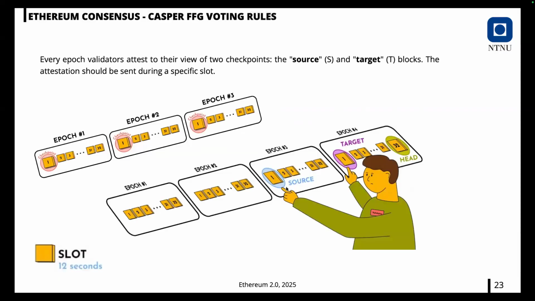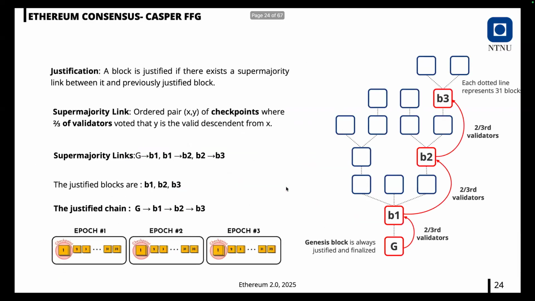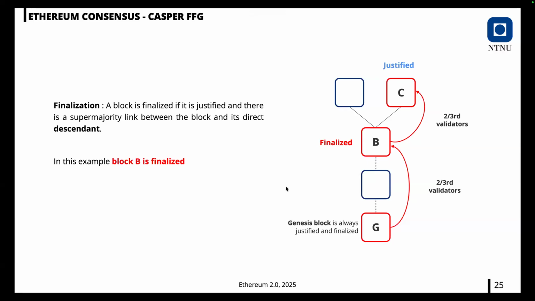So yeah, we don't talk about epochs. It's a little bit too detailed, but we basically say at some point a block is finalized, and from this block, we cannot expect this block not to be used.